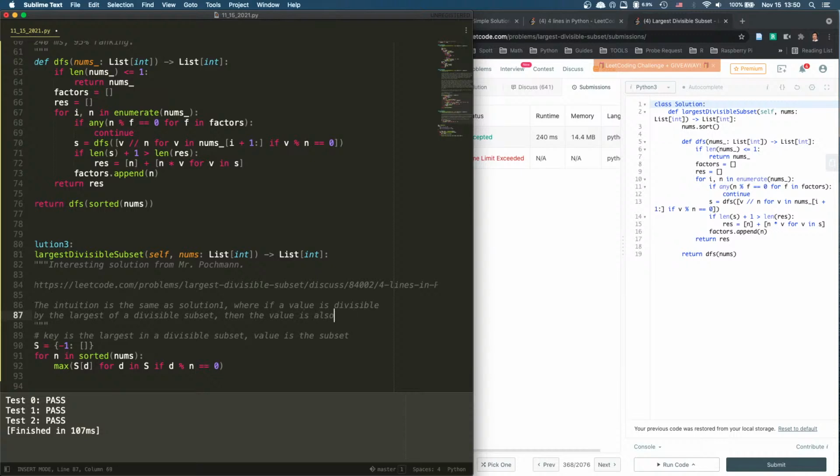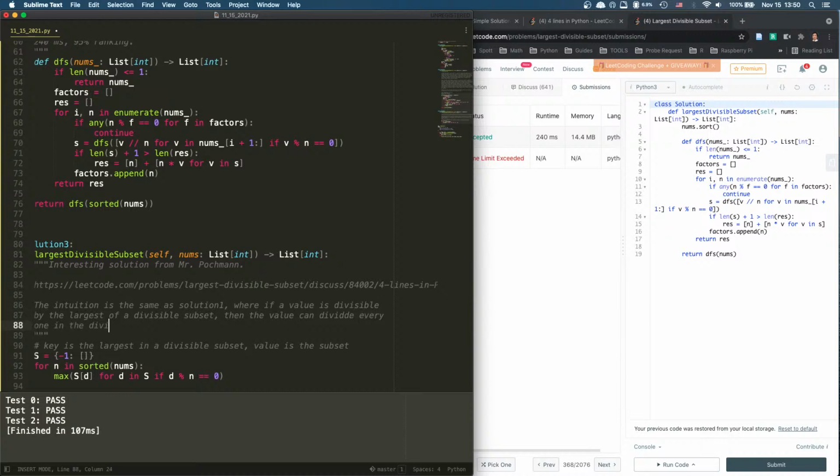The value can divide everyone in the divisible subset, so the value can be added to the subset.